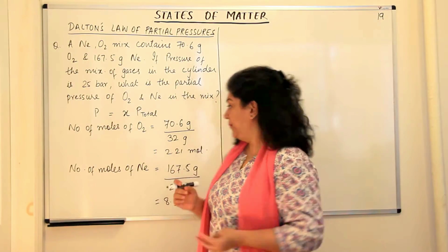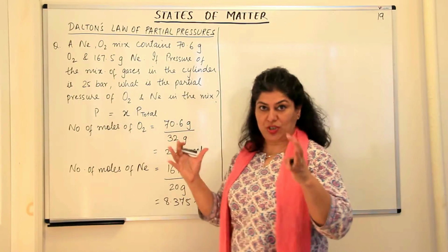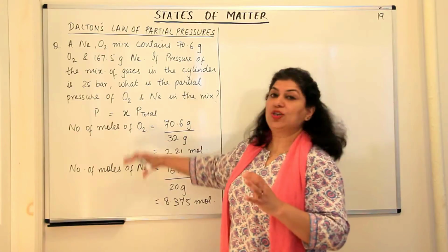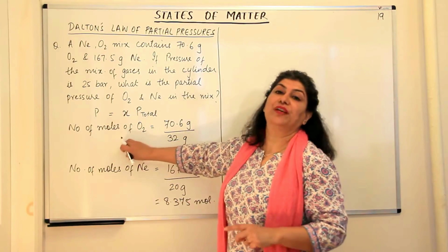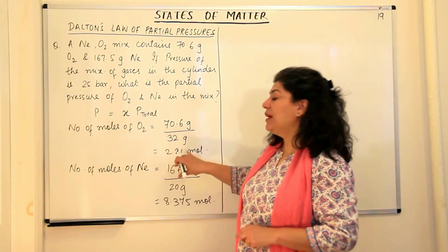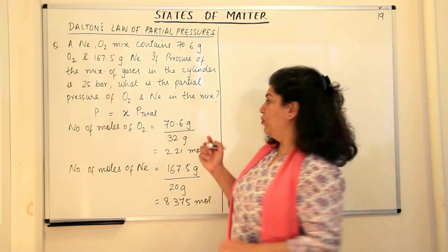Now that we have calculated the number of moles, our next step would be to find out the mole fraction. How do you do that? What is mole fraction? If this is the whole of the mixture, then that whole means it is 1. Out of this, what fraction is one of the gases? So mole fraction would be number of moles of one gas divided by the total number of moles.